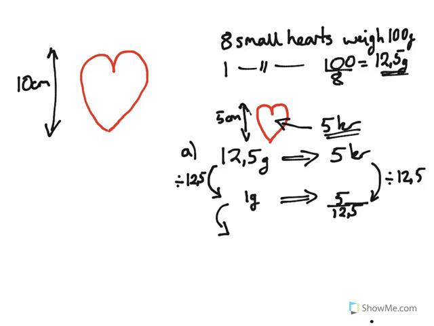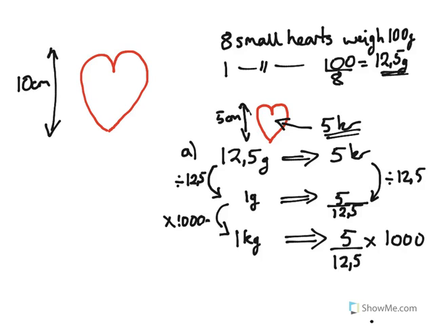Well, 1,000 grams is going to cost us 1,000 times more than what 1 gram costs. So this is the same as 1 kilo. 1 kilo is going to cost us then, so multiply by 1,000 to get 1 kilo. It's going to cost us the same price that 1 gram cost, which was 5 divided by 12.5, multiplied by 1,000 as well.